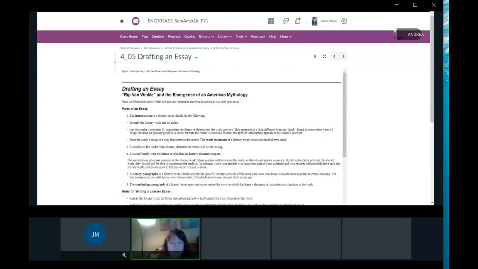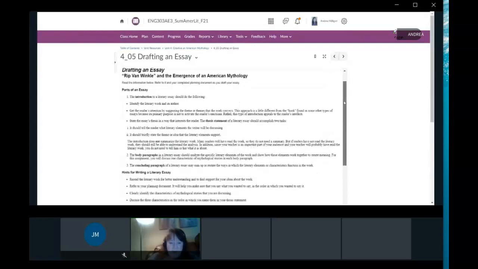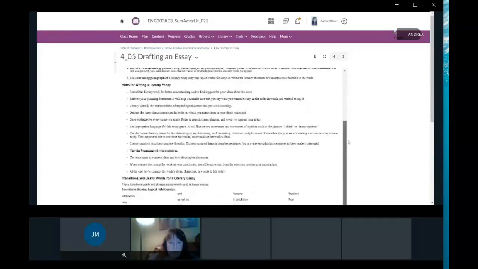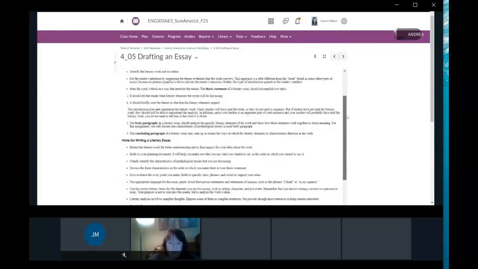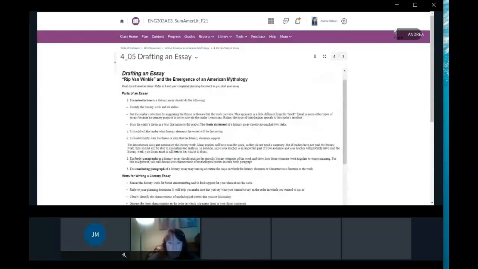Okay, this tells you how to put together your essay. I'm not going to read that because you guys are smart, intelligent people, and you can read that on your own. This tells you the parts of the essay, what to put in your introduction, what to put in the body paragraphs, and then what to put in your concluding paragraph.